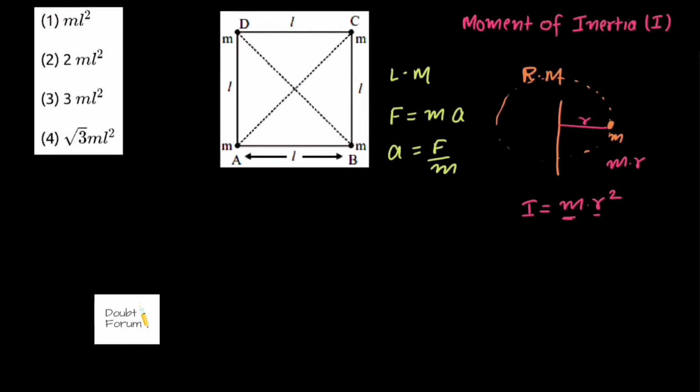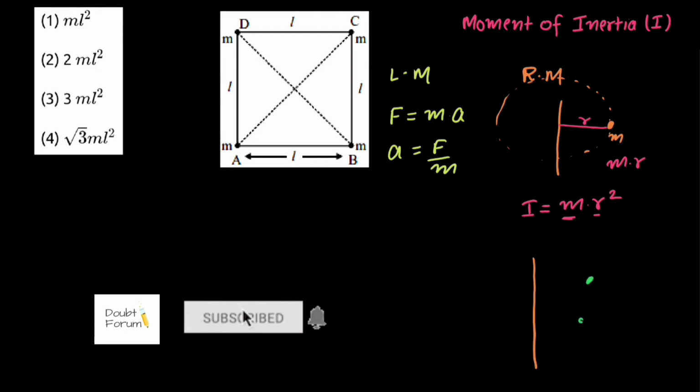Suppose there is a system which consists of more than one mass. So this is the axis of rotation and there is more than one particle. Suppose this is particle 1, this is particle 2, this is particle 3, this is particle 4, this is 5 and this is 6.